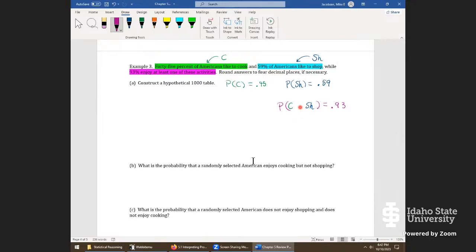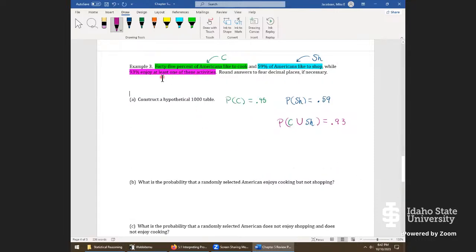Yeah, that should be the union, absolutely. So this will be union. Now let's put it here on the notes how we knew that. What was the buzzword? It was really when it said at least one. At least one is saying C or SH, and the or there becomes a union symbol.